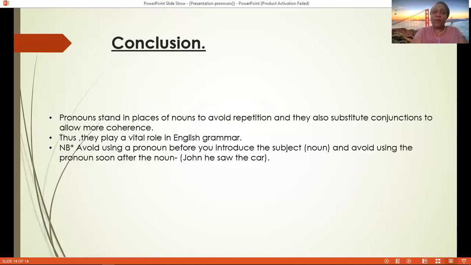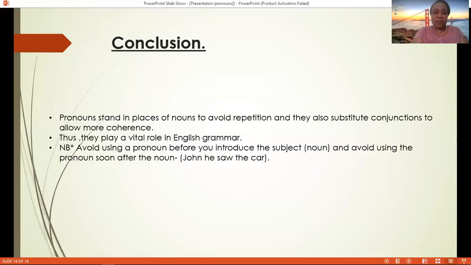Okay, so now we know that this he is referring to John. So don't just begin by writing using a pronoun, and avoid using a pronoun just soon after the noun, because that brings about a grammatical error.